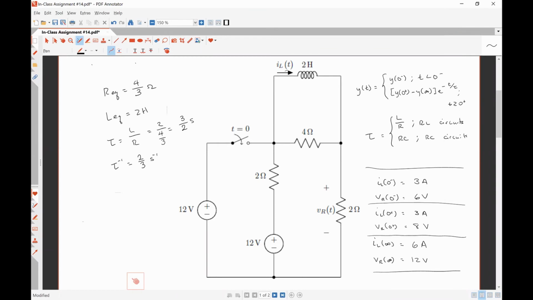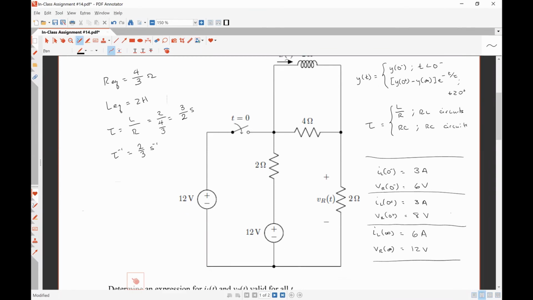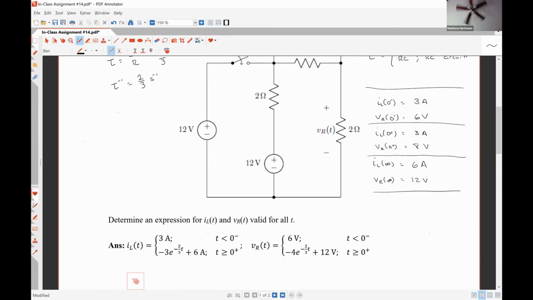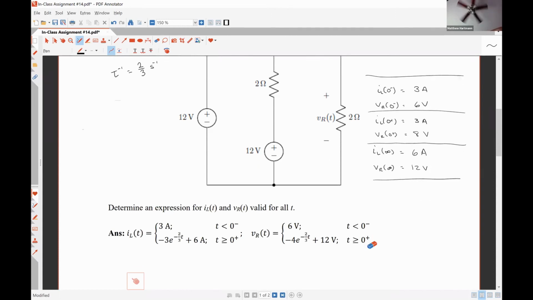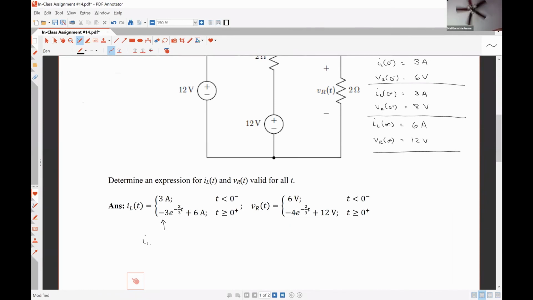All right. Now we're not going to actually write things down here, we're just going to check stuff. For IL at t equals 0 minus, our answer tells us it's supposed to be 3 amps. That is exactly what we got here, so that seems legit. This -3 is IL at 0 plus minus IL at infinity.